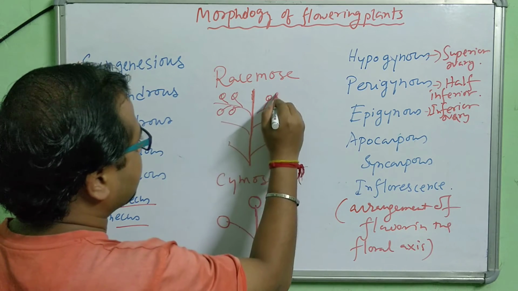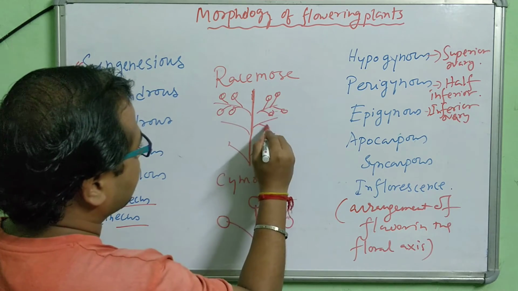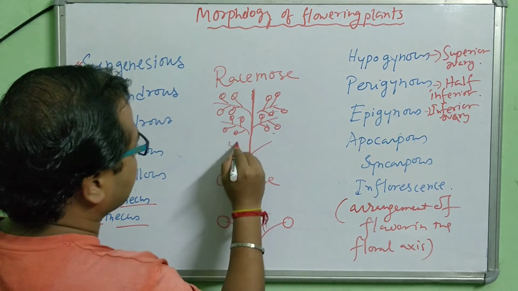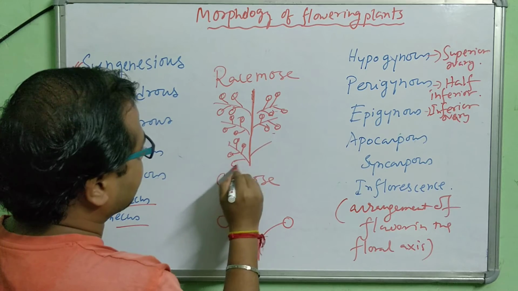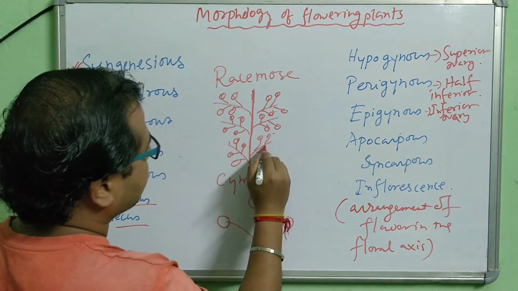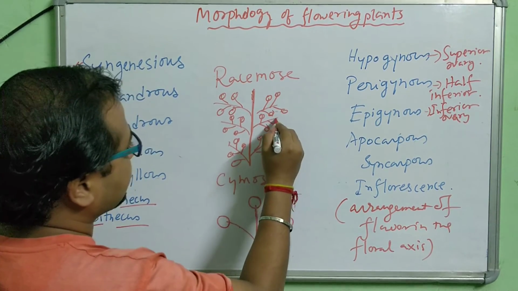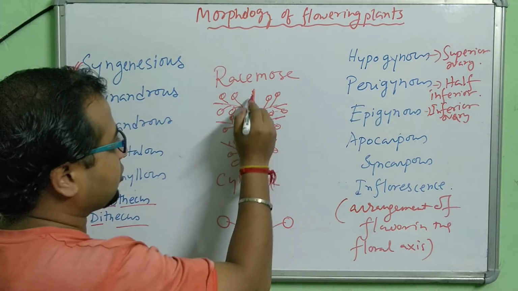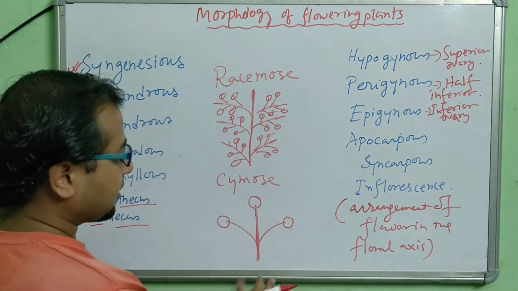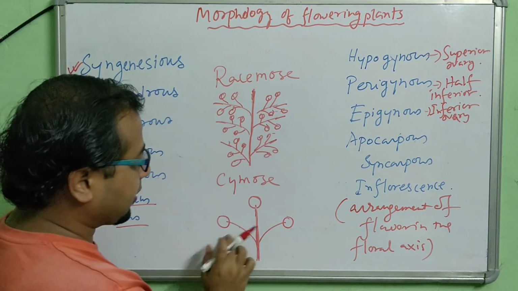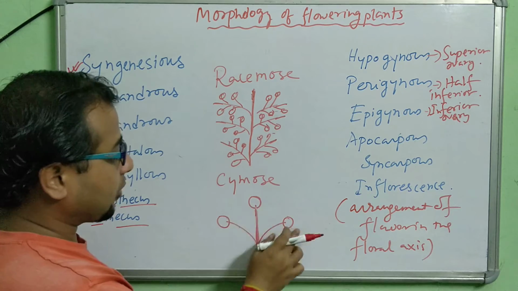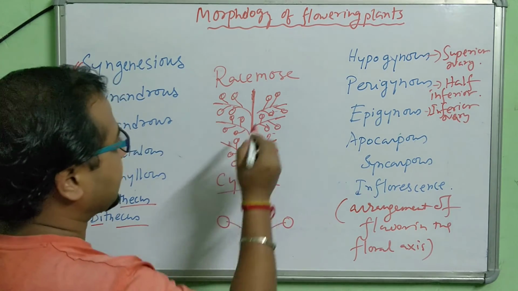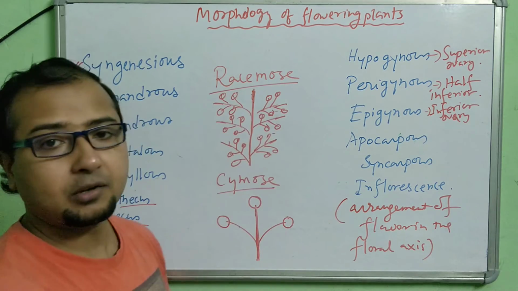So the flowers grow sideways. Understood? The main tip portion keeps free so that it can grow continuously. The main axis keeps on growing like this. But in this part, all the tips of the floral axis are stopped by flowers, so they are not growing anymore. This is the cymose arrangement, this is the racemose arrangement of the flower.